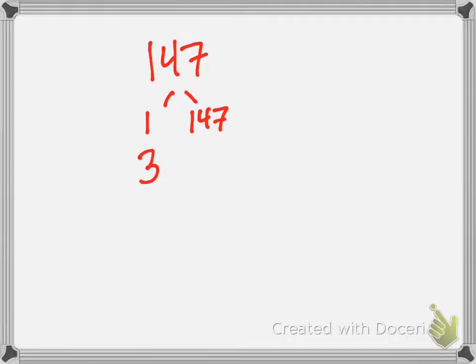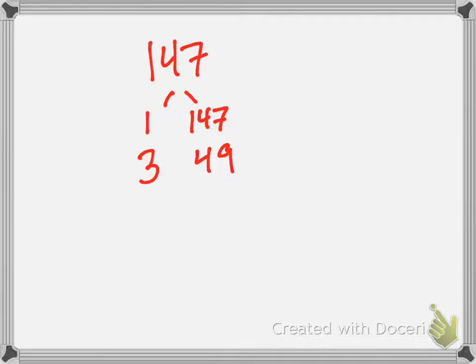Let's try 3. When we divide 147 into 3 groups, we get 49. It's not even, so 4 is not going to work. 5 is not going to work. 6 is not going to work because in order for 6 to work, you have to have both 2 and 3.